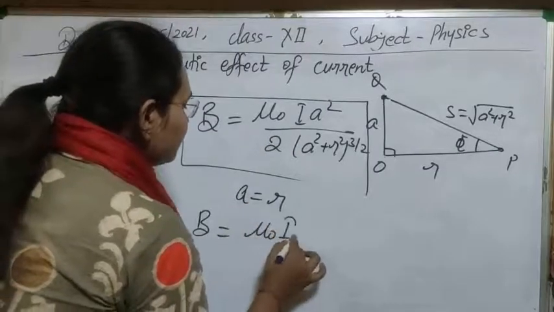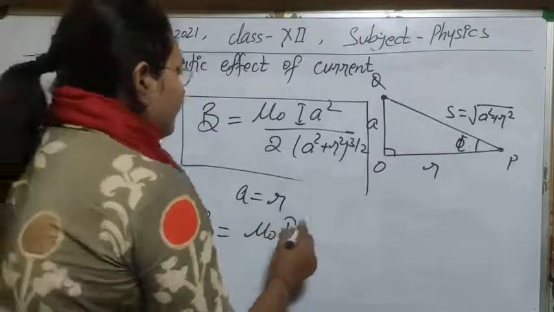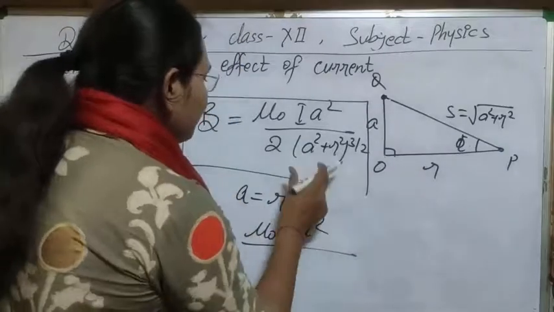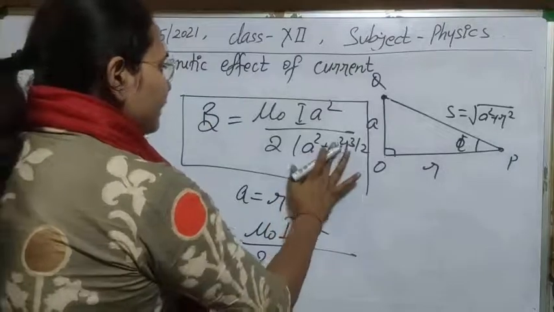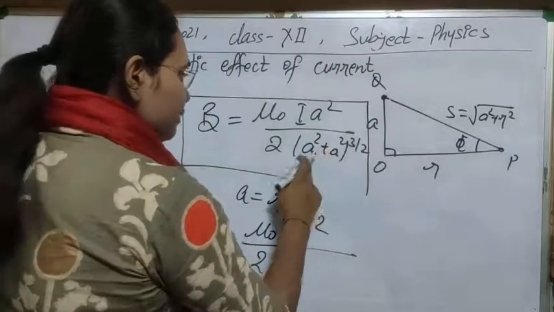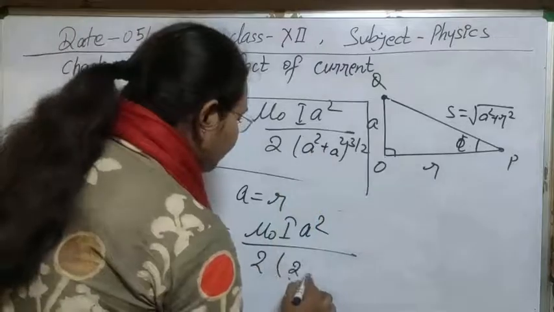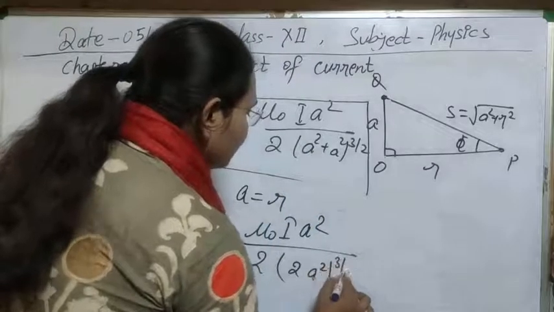This will be equal to mu 0 I A square upon 2 times, and here in place of R we write A, so it is (2A square) power 3 by 2.